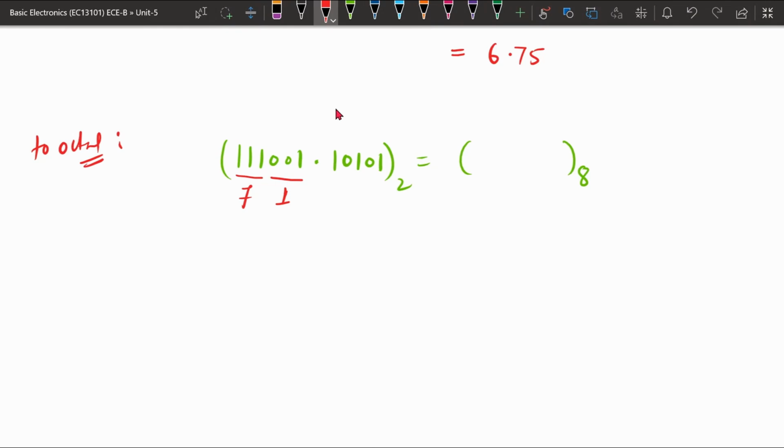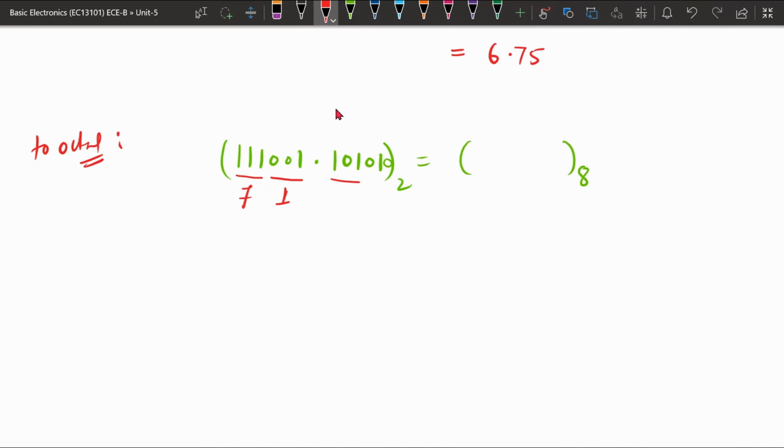Now on the right side of the decimal point, we will be making groups of 3 digits in case of binary. We will be making pairs starting from the decimal point. On the left side, we made them again starting from the decimal point. So 101 will be one pair, and next there are 2 digits, 0 and 1. To make a group of 3, we will pad an extra 0 here.